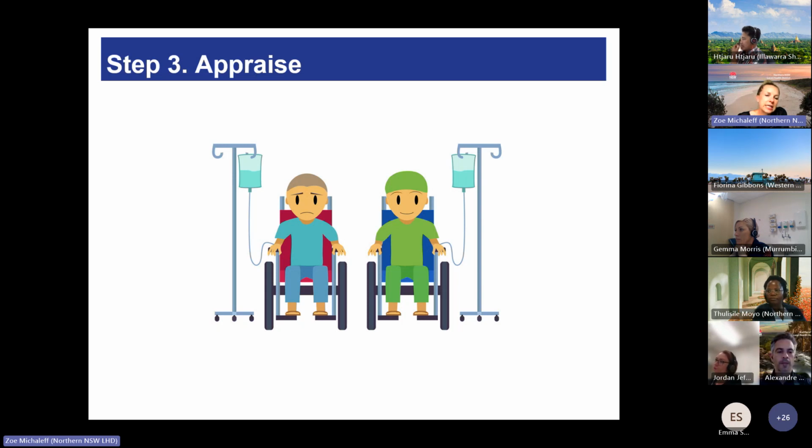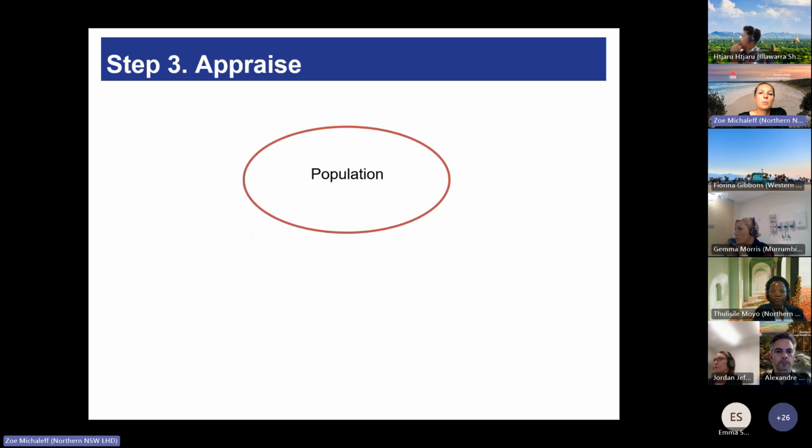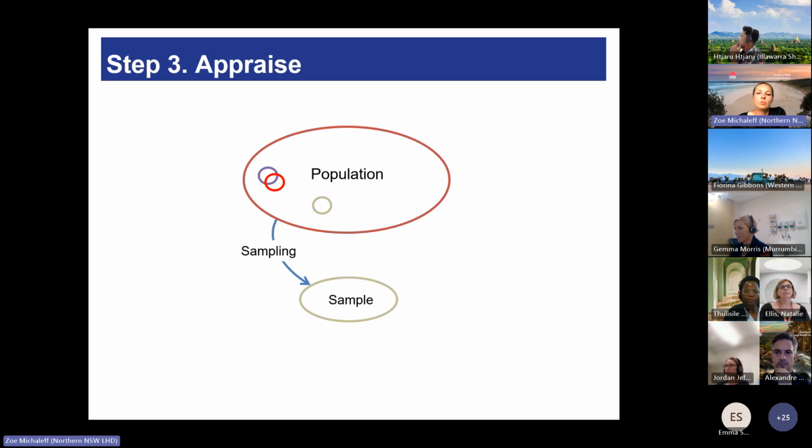So ideally to answer our questions, we would use evidence that's been obtained from a population of individuals who are similar to our patients. But this now takes it to the next extreme in the fact that it's not often feasible or realistic to collect information from everyone who presents like our patient. So what researchers do in order to overcome this is they take a sample of the population who's representative of that population we wish to apply the results to.